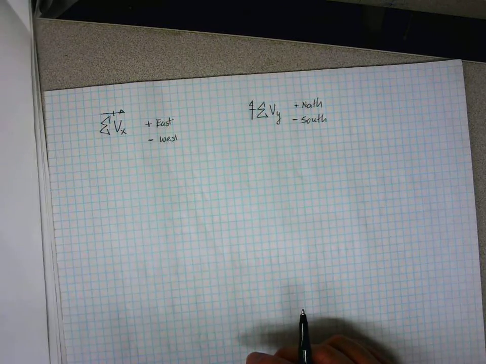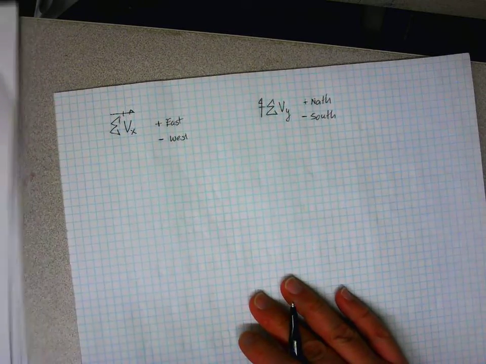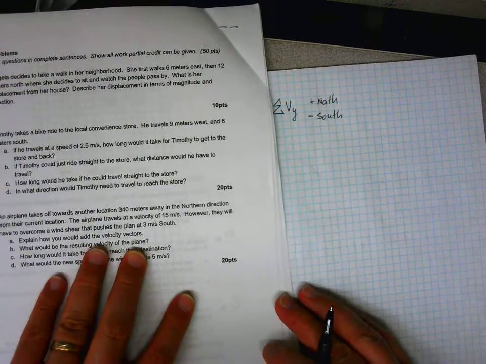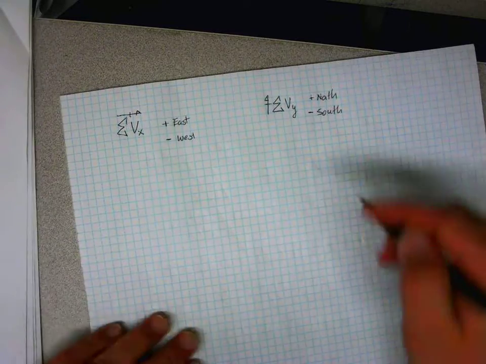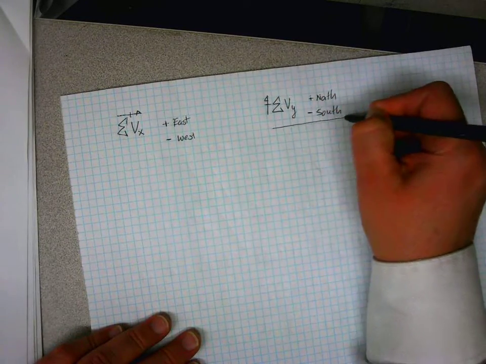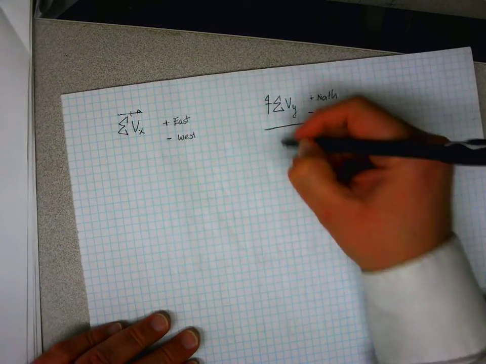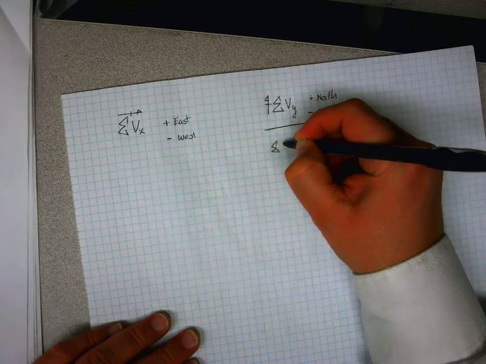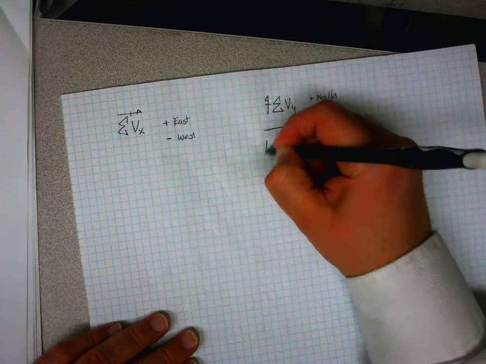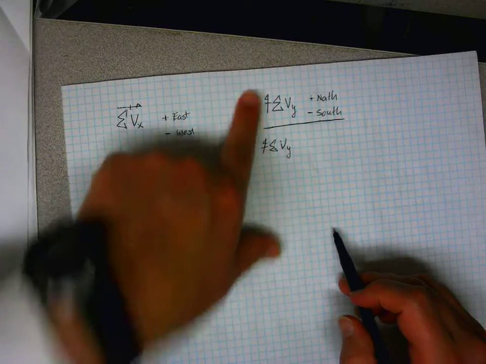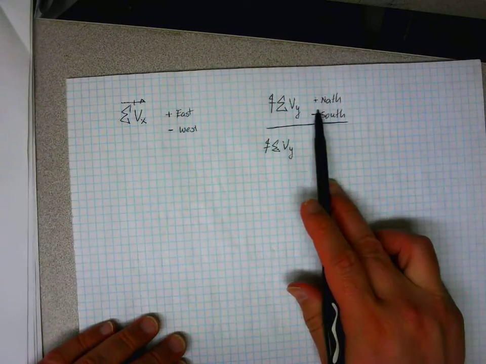So when I ask, explain how we're going to add the velocity vectors, I wanted you to use this rule. So we sum up the vectors along the y direction. Everything being up is positive, so that means north is positive.